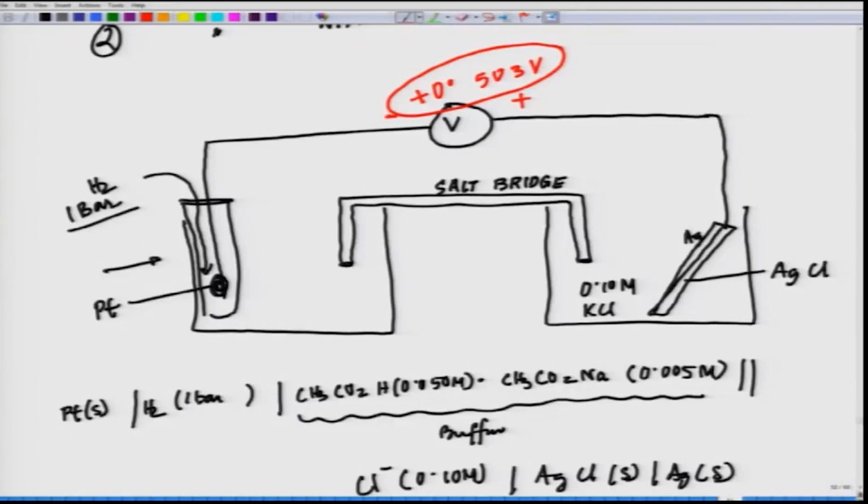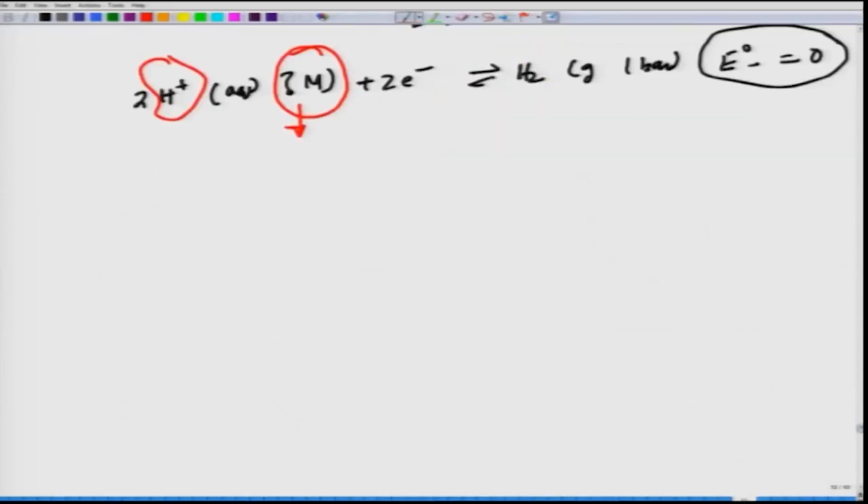So now if you write the Nernst equation for the cell reaction, it will be something like this: E is equal to E plus minus E minus.